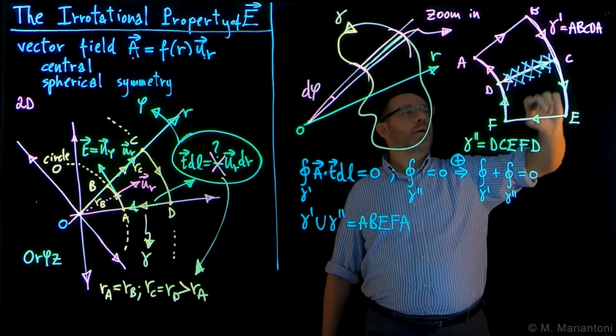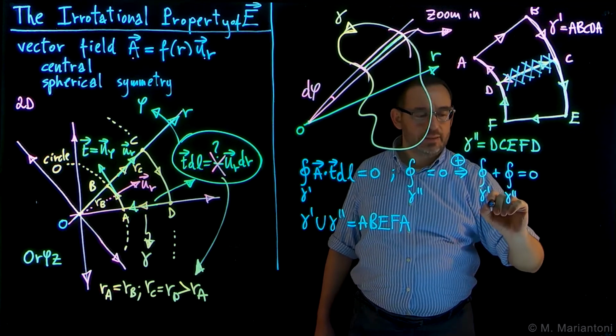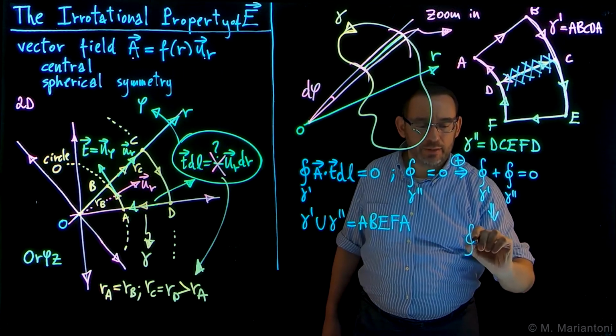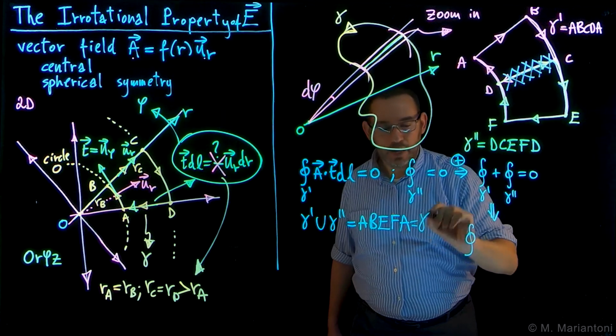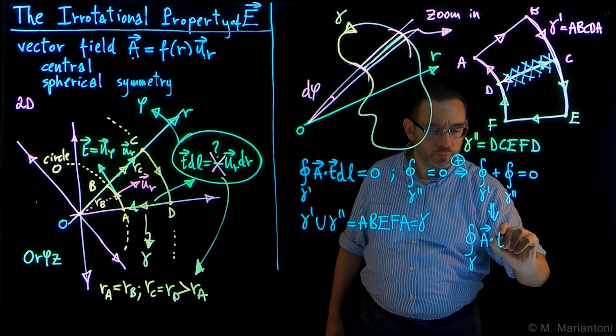So we obtain this bigger line here. And so this means that this integral we can simply write as the line integral on this super line, which we call just gamma. And this has to be equal to 0.